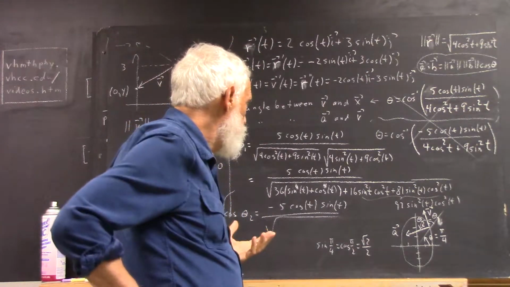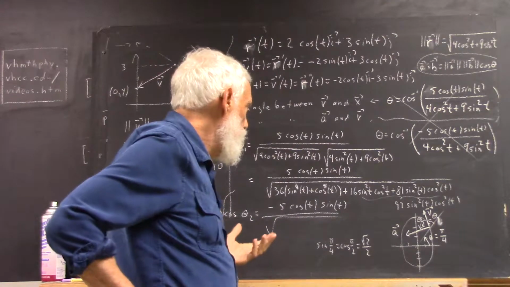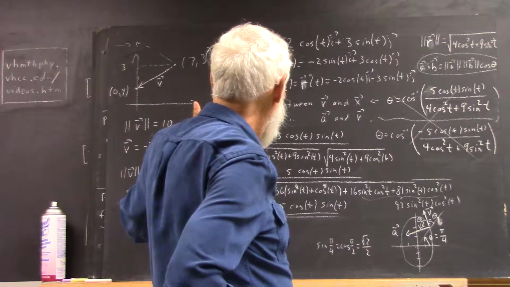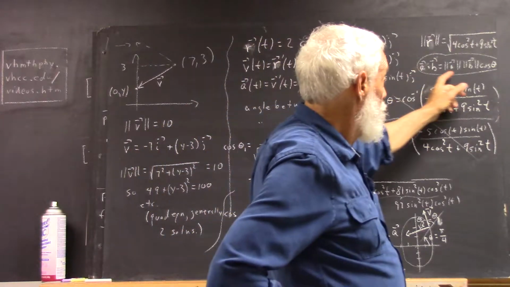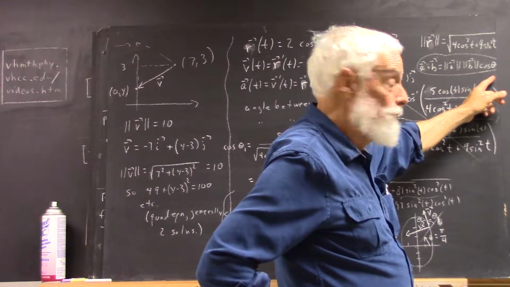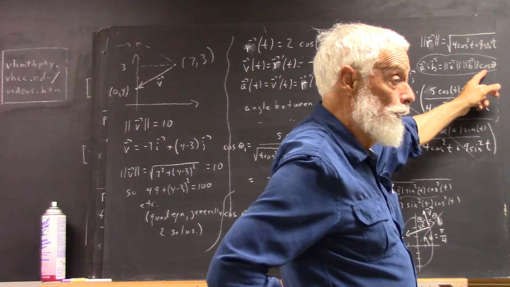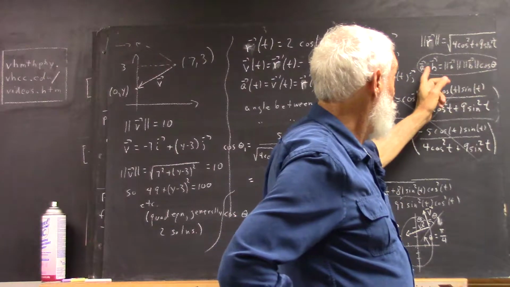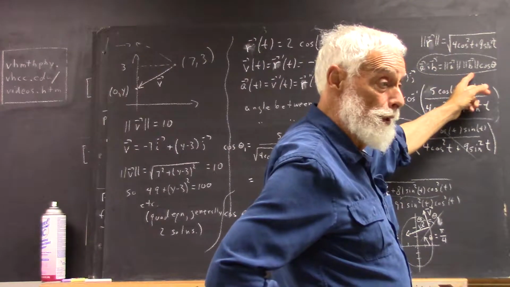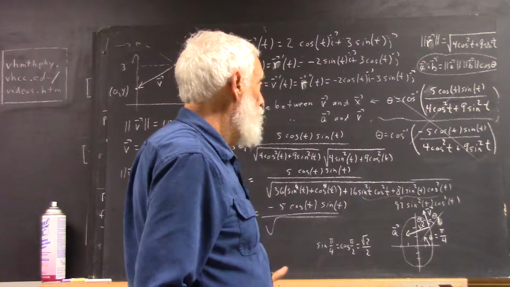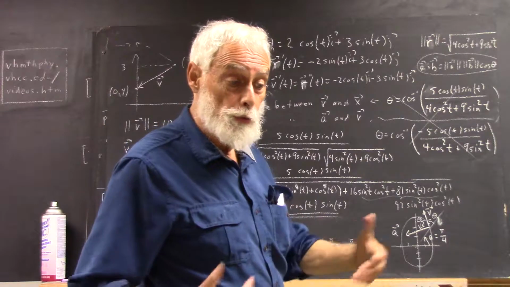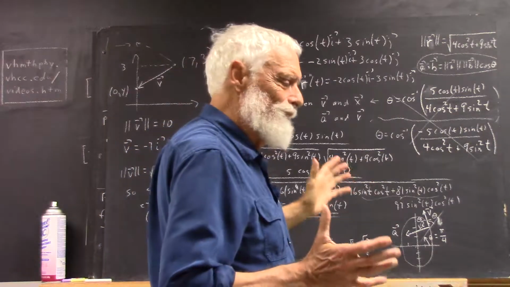It's because of the definition of the dot product. The cosine of theta is a dot b over the magnitude of a times the magnitude of b. Now, people were trying to remember what the expression was for the cosine of theta. That's okay.